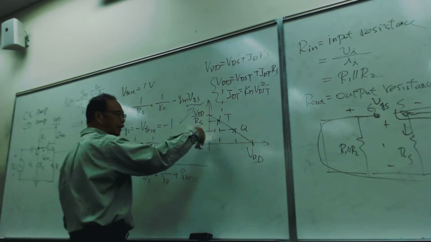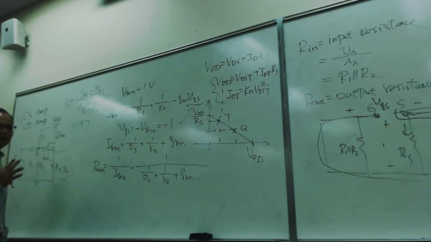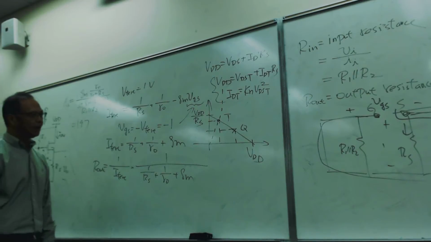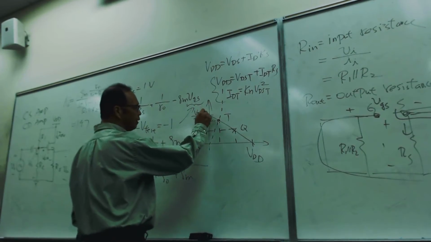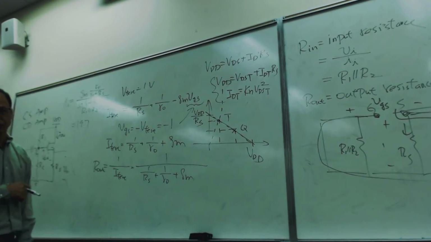That is the whole picture of the DC load line. Now you need to find the AC load line. If you look at the circuit, there's no capacitor, so you should know that the AC load line overlaps the DC load line. There's no difference.